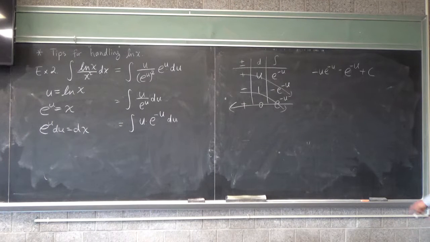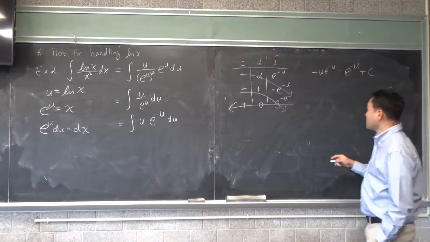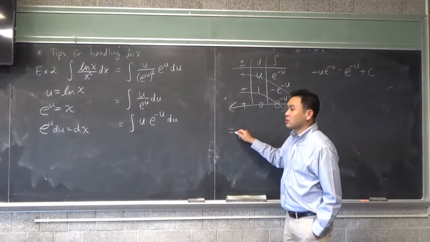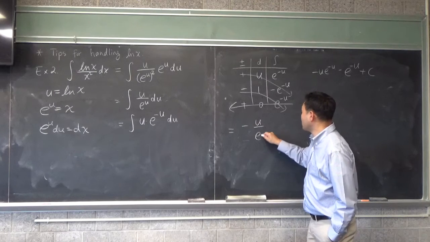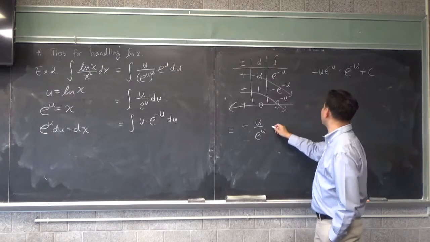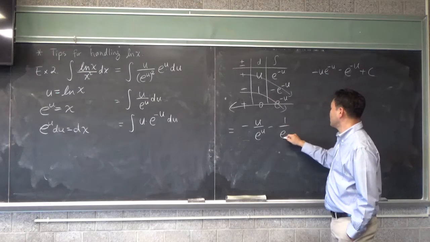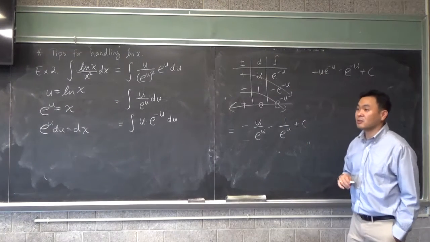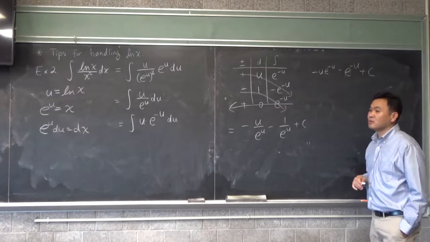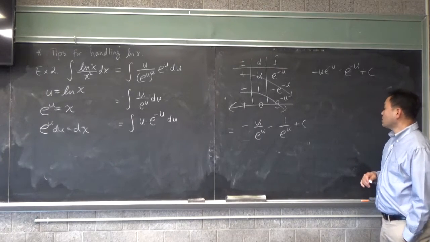However, now you have to go back to u, right? So how do you do that? Well, you should go back to u over e to the u, because then you know what to do. So let's write it like this. Yes? Is there a way that we can also factor out the e to the negative u?